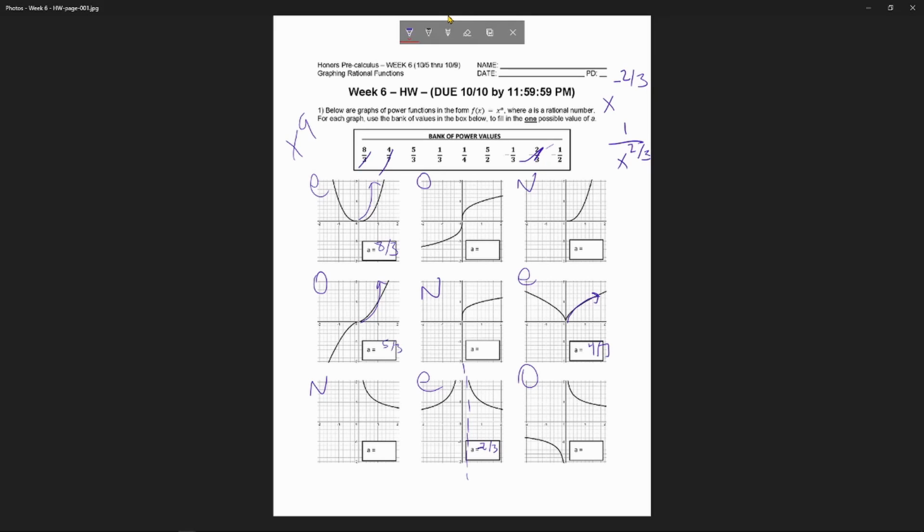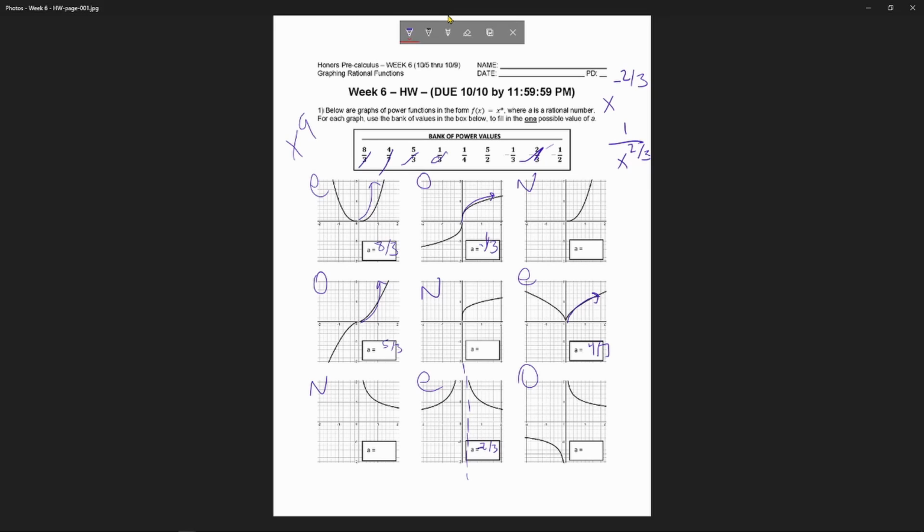And then the next one is 1/3, where that's less than 1. And so that's going to be concave away from the x-axis. So we're going to do 1/3 here. And then finally we are left with negative 1/3. So this one's going to be odd, which is down here, and it's less than 1.